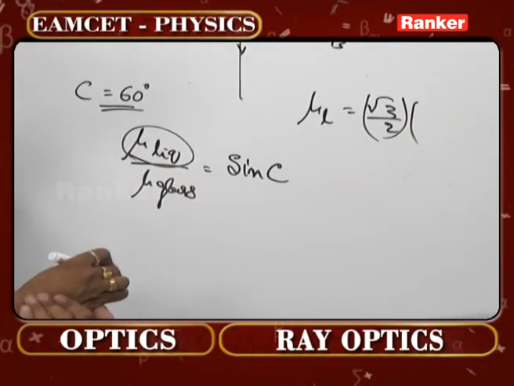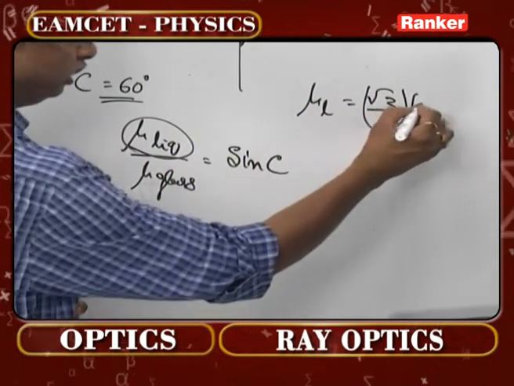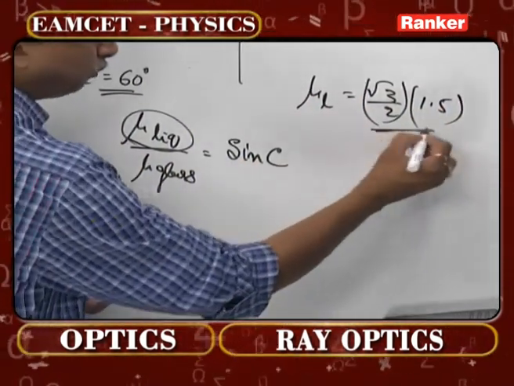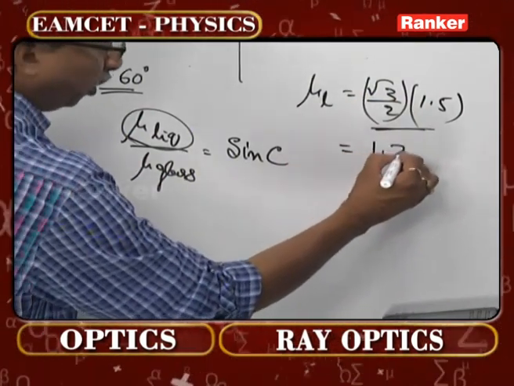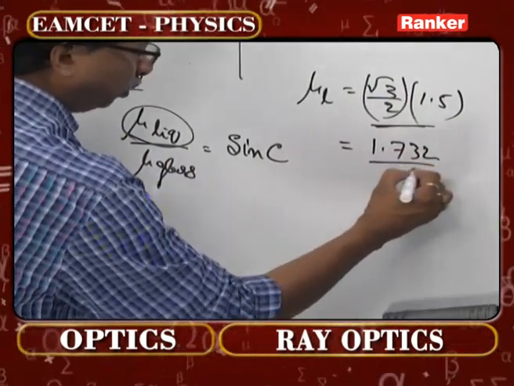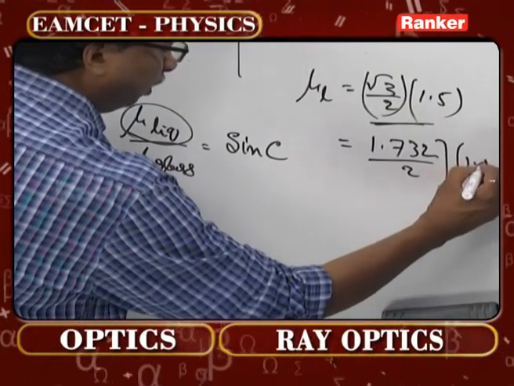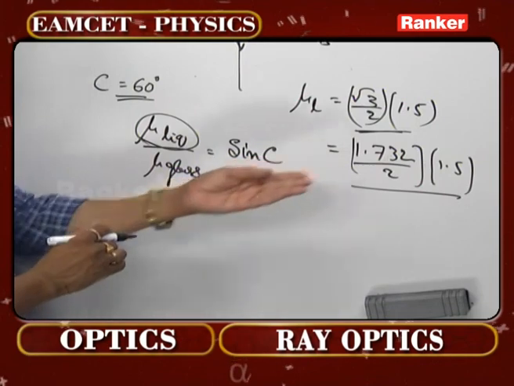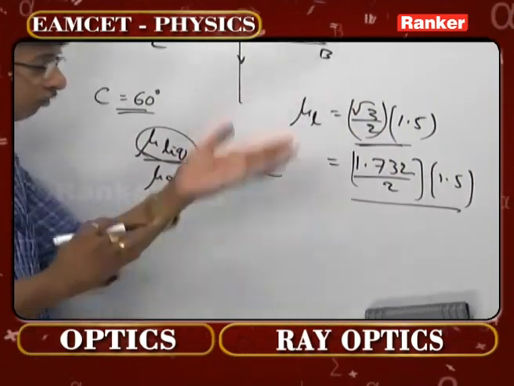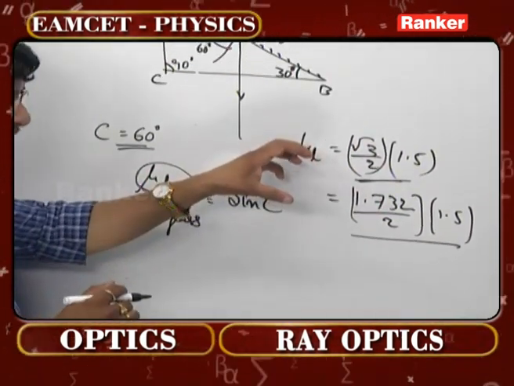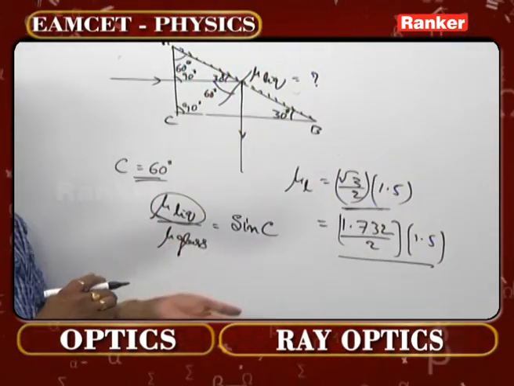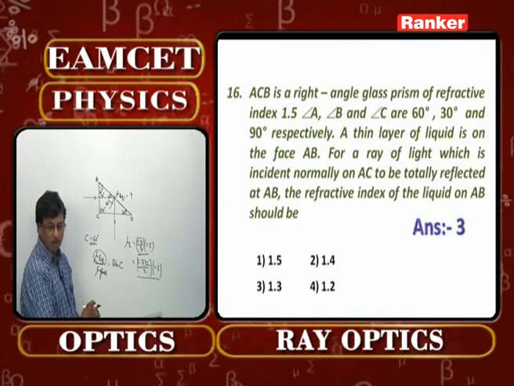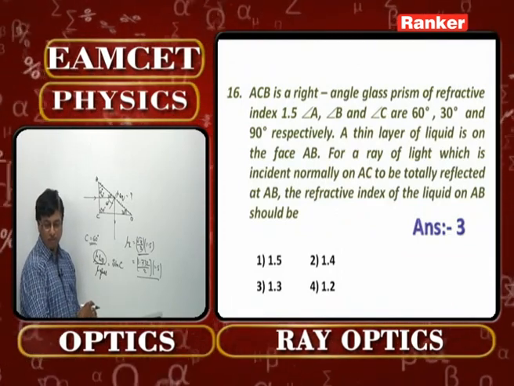How much has that been mentioned over there please? 1.5 you just take. Now of course if you multiply these two, root 3, 1.732 by 2 into 1.5, whatever the value you people are getting for this question, you will be getting around 1.29 for this. So that 1.29 whatever we are talking about is to be taken around 1.3. So the third option is going to be the correct option for this question number 16.